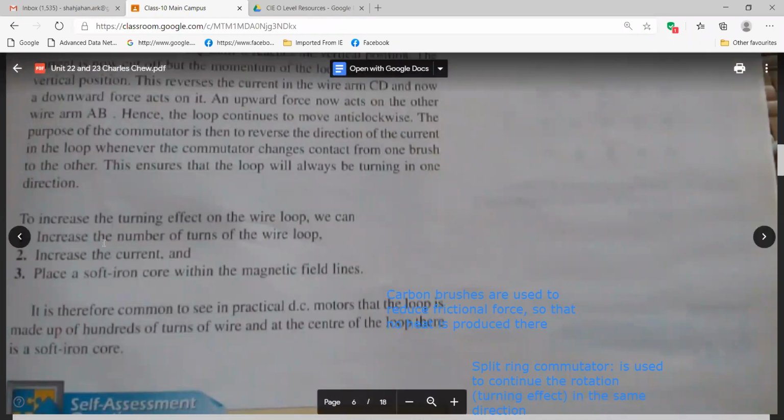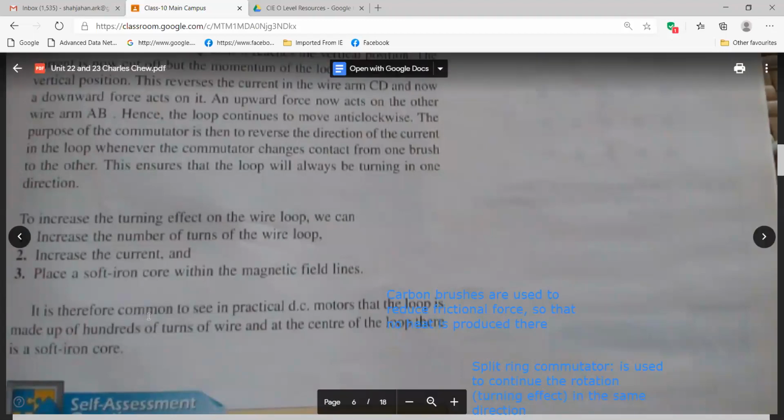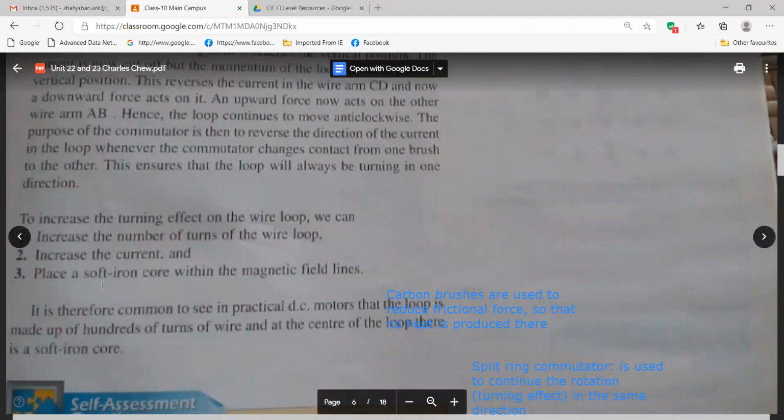Points 2 and 3 we already wrote in the previous note, so do not write them. Increase the current and make a stronger magnet. That one we wrote before. And how to make a stronger magnet is written here.